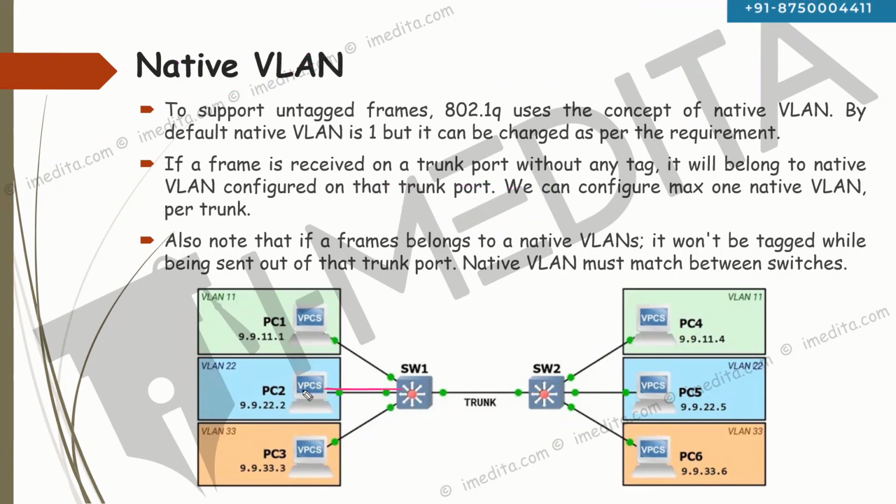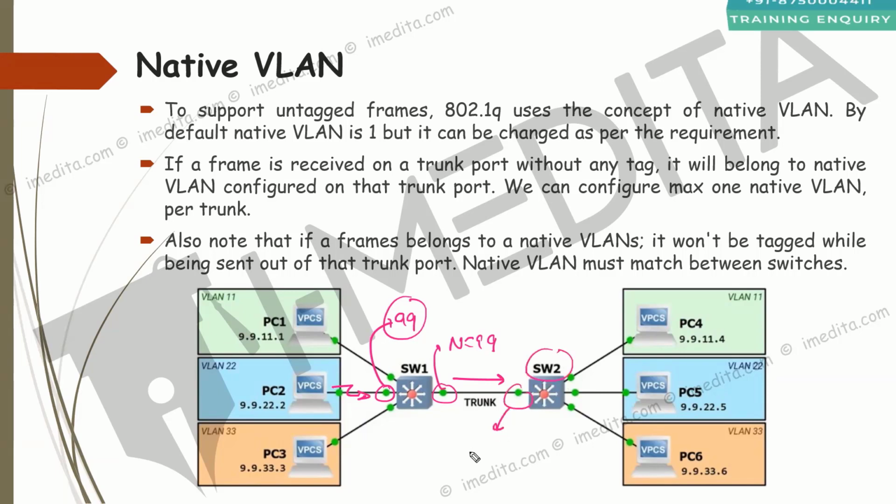There is an IP phone connected here. When this IP phone sends the traffic, that traffic must pass out of this trunk link towards the other switch without any tag. So I will configure this IP phone maybe in VLAN 99, and I will configure VLAN 99 as native here. So when the traffic arrives onto this port, the traffic belongs to VLAN 99. It will be sent untagged out of the trunk link towards the neighboring switch.